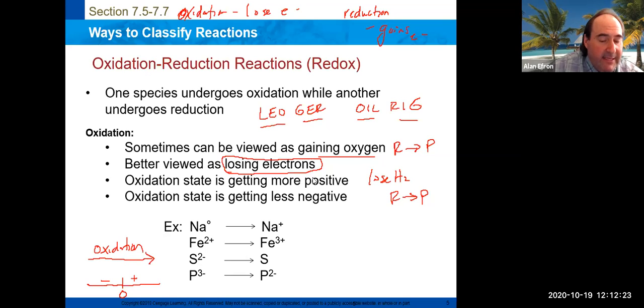When somebody gains electrons, which is what happens with reduction, they become more negative because they have more electrons that they've gained. So if you go in the opposite direction, towards the negative side, that usually involves reduction happening. When we talk about oxidation states, it is not necessarily the charge that we normally associate with an element.